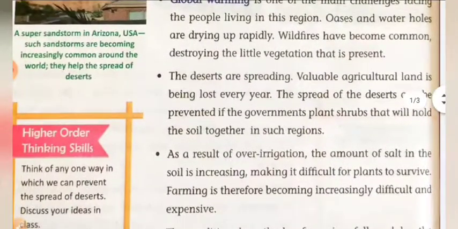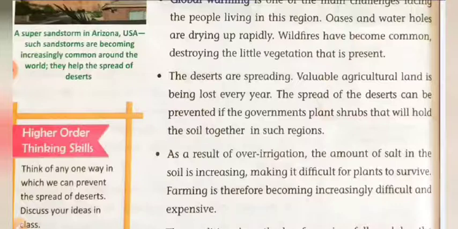Next, as a result of over irrigation, the amount of salt in the soil is increasing. In desert areas, salty water is found because it has no filter. So the water is very salty in this region, making it difficult for plants to survive.